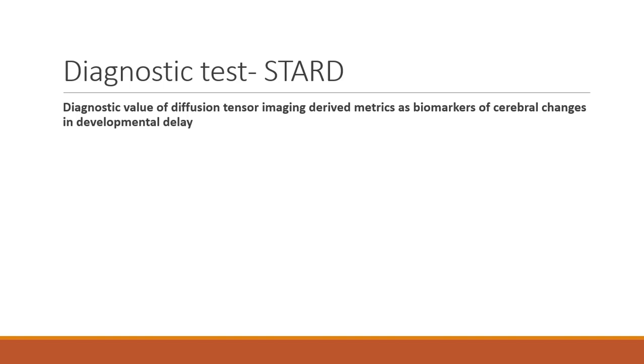Coming to methodology, was the data collection planned before the index test and reference standard were performed? From the article, yes, it is a prospective study. They had a plan. Eligibility criteria is mentioned. On what basis were potential eligible participants identified?